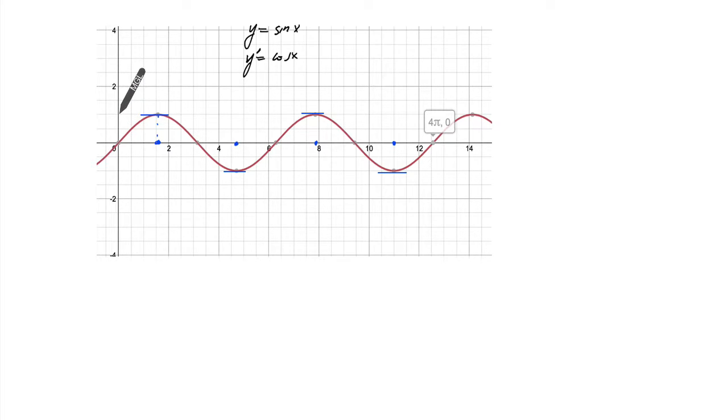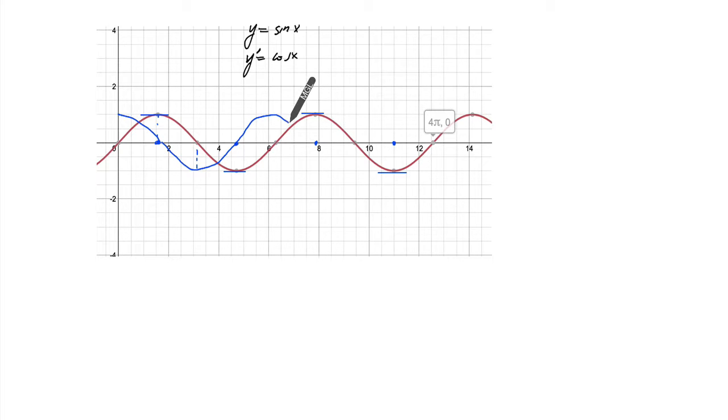So we're going to start at 1 and come down. Notice that it becomes less and less positive, so we have to come down lower and lower from 1 all the way down to 0. And here the slope is -1. So right there it's going to go down to -1 and go back to 0.